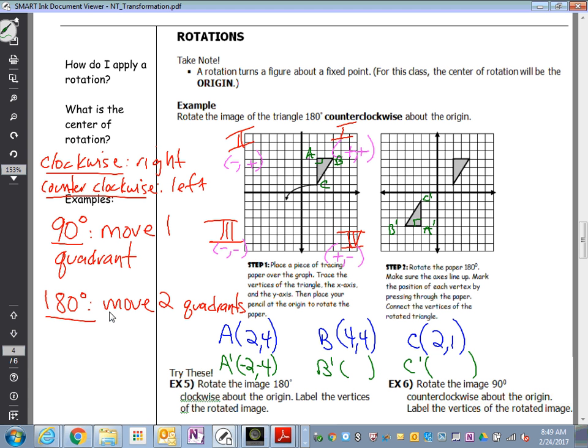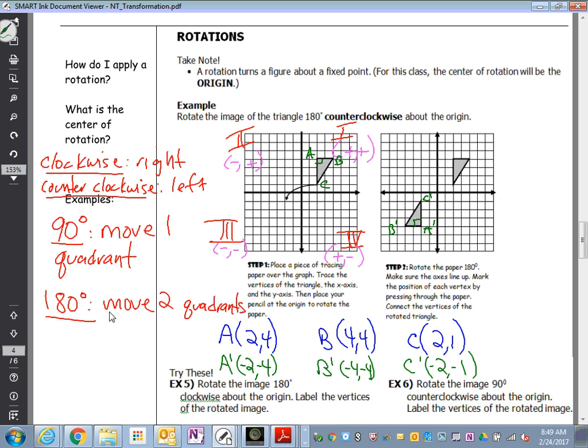How about B prime? Negative 4, negative 4. What is C prime? Negative 2, negative 1.